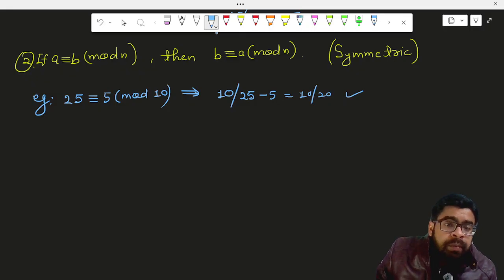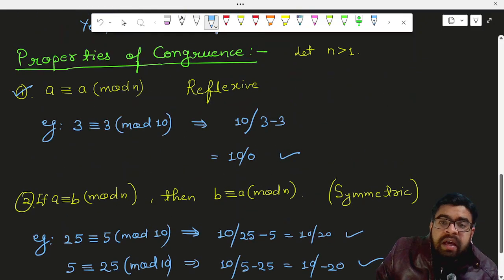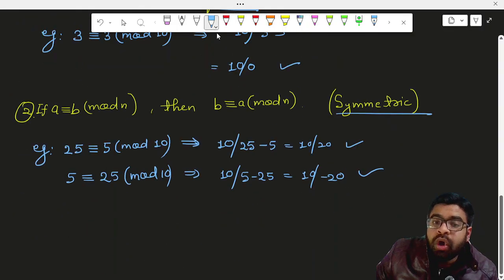Can I write here that 5 congruent 25 modulo 10? Let's see. We can write 10 divides 5 minus 25, so 10 divides minus 20, which is also true. So in congruence, these two properties, the reflexive property and the symmetric property, always hold.